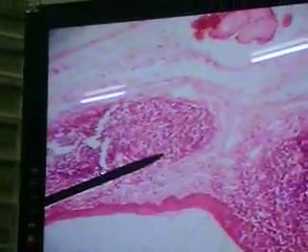One, the epithelium, stratified squamous. Two, the presence of lymphoid tissue. Okay, lots of lymph nodules. Three, skeletal muscle, and then we have a hemicapsule.